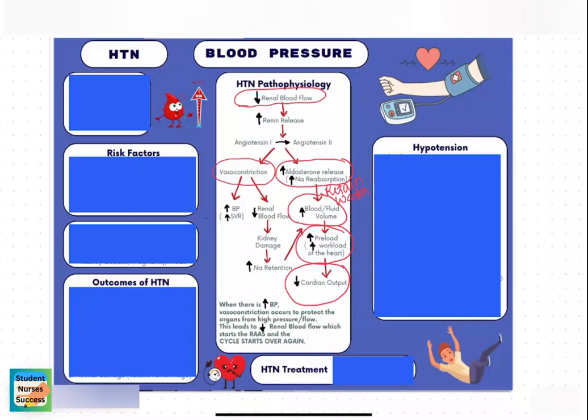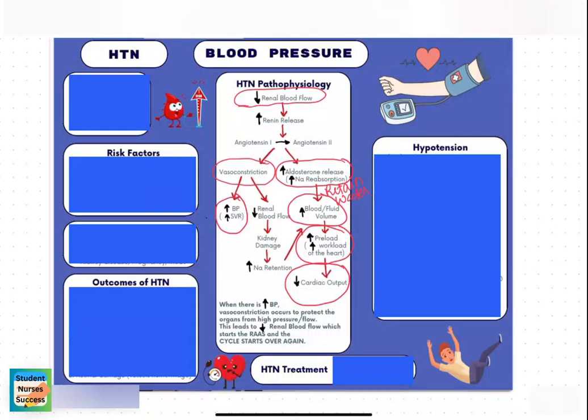Now, let's go down the left side. Remember, you're already vasoconstricted because when you have high blood pressure, your organs are just going to vasoconstrict. But when you increase renin and the conversion of angiotensin 1 to 2, you vasoconstrict even more. When you vasoconstrict even more, it increases your blood pressure, and that increases your systemic vascular resistance, which means your heart has to pump harder against the resistance.